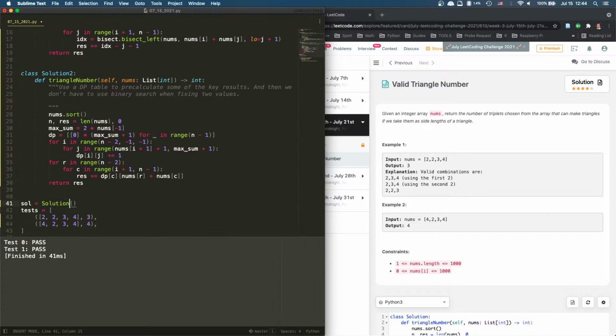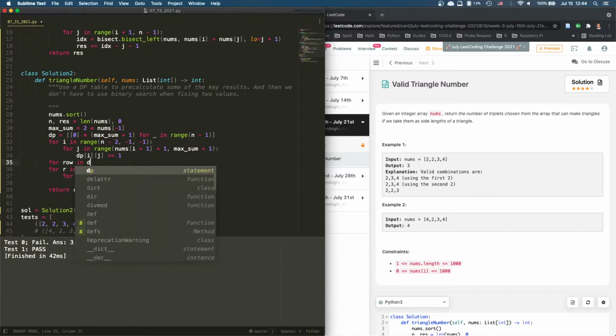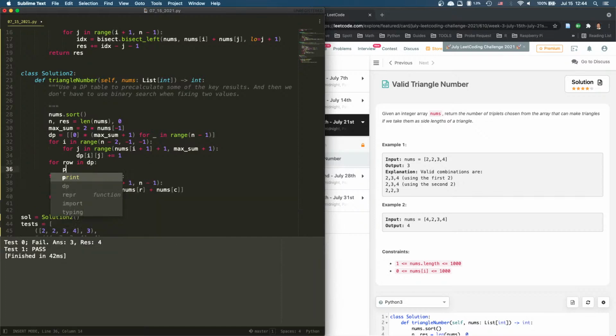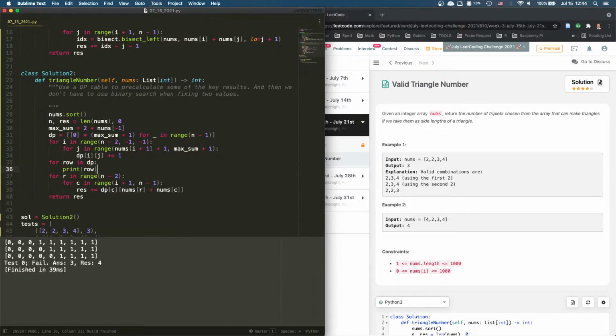Alright, let's try solution 2. Oh, first one we did not pass. Let's take a look at the DP. Row in DP, print row. Alright, this I already see a problem with.